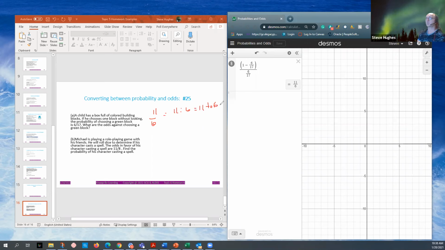All right, first of all, everybody, remember what we just had on the board a moment ago. Odds in favor equal the probability of the event occurring divided by the probability of the event not occurring. In other words, that's the probability of the complement.